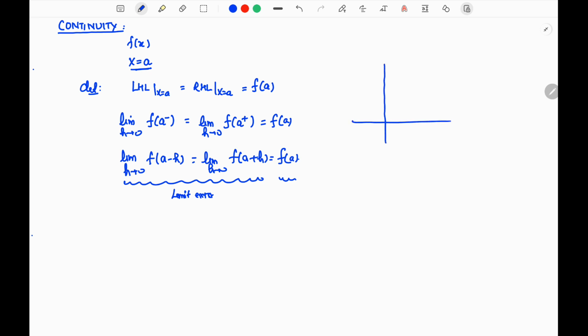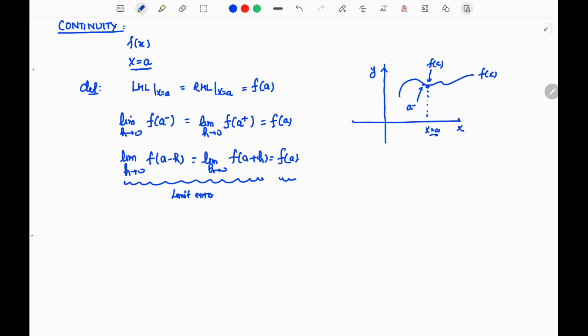Suppose this is the x-axis and y-axis and the function is defined here. There is a point x equal to a where we have to check whether the function is continuous or not. For that we will find the value of the function at a, this is f(a), and the left hand limit is the value of the function while we approach the point a from the left hand side, that means it is a minus.